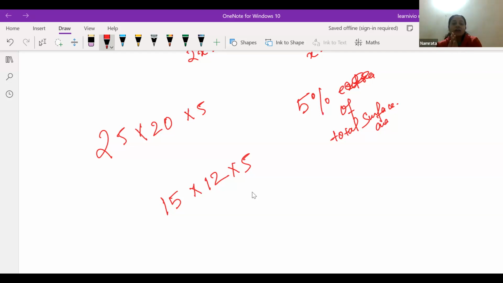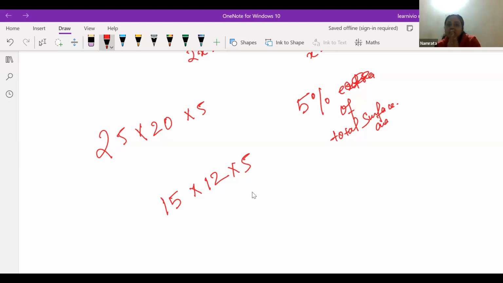If you have to make a box of a certain measurement, you will not buy a sheet of only that measurement, right? There must be extra sheet, which goes into the cutout portion, right? Yes, ma'am.